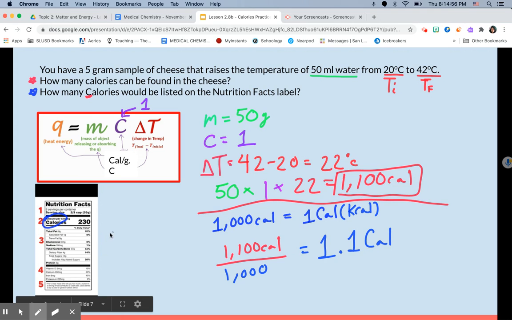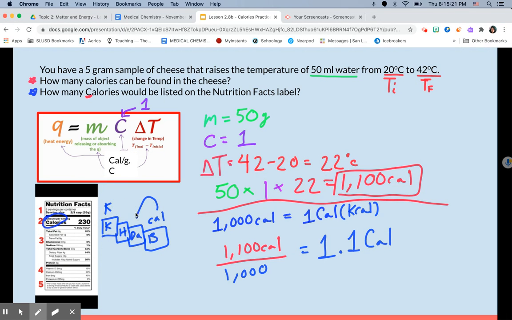So another way you can think about it, if this is confusing, if you recall when we were doing our unit conversion, kilo, hecto, deca, and then the base. So lowercase c calories here is our base. This is our kilocalorie, or capital C calorie.